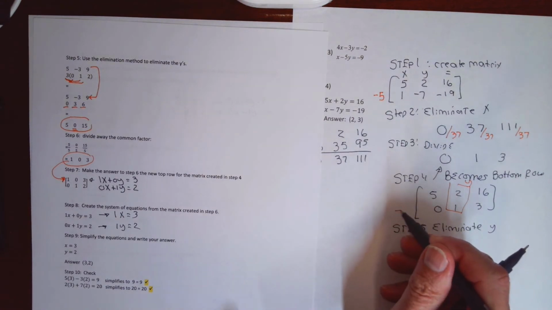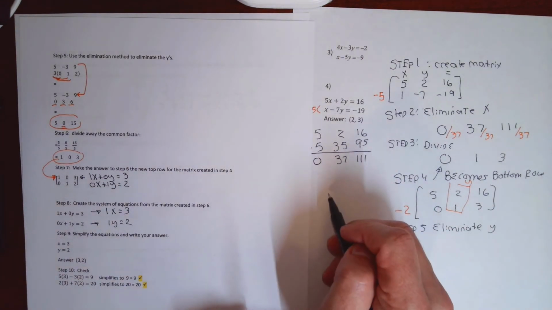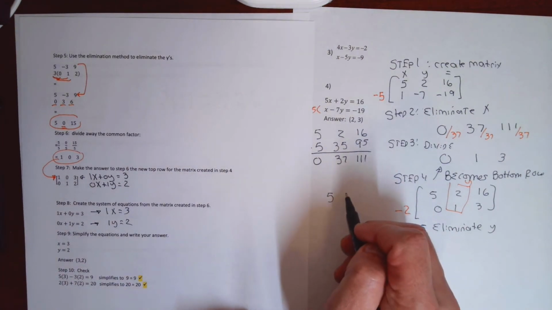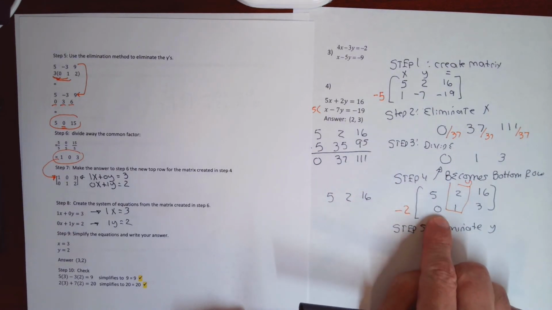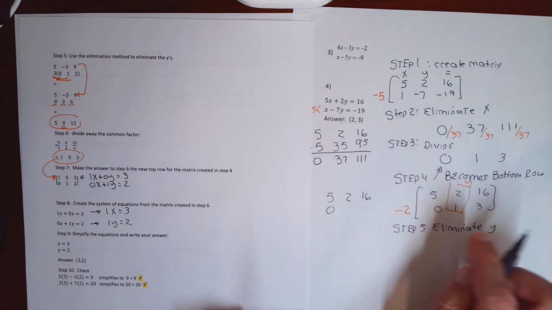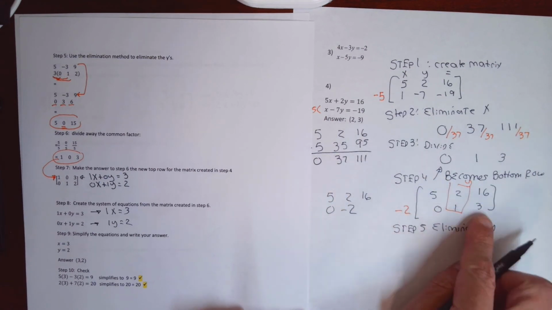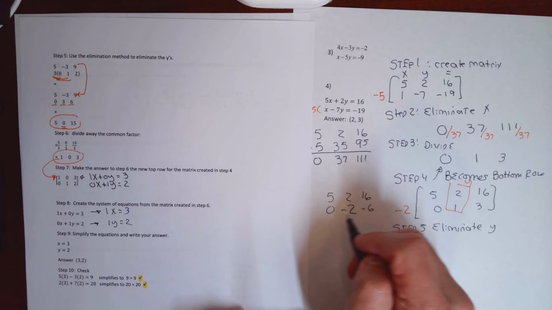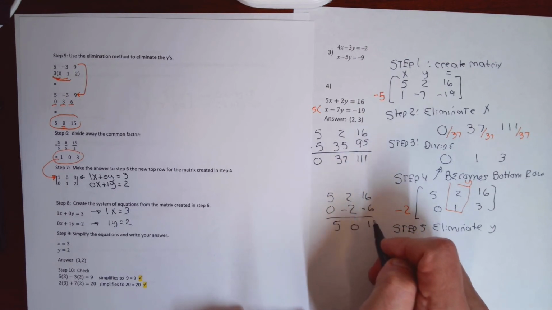To do that, I'm just going to multiply the bottom row by -2. I'm going to leave the top row at 5, 2, and 16. And then for the bottom, I'll go -2 times 0 is 0. -2 times +1 is -2. -2 times 3 is -6. This is going to give me 5, 0, and 10.